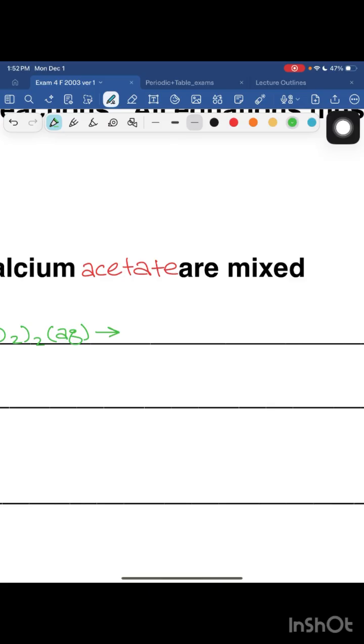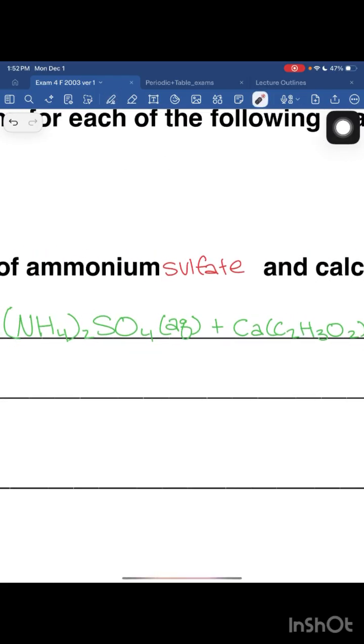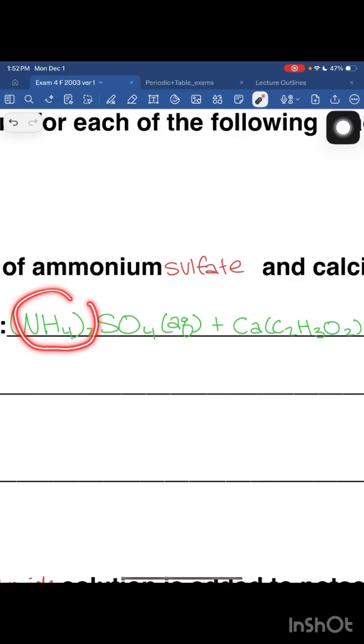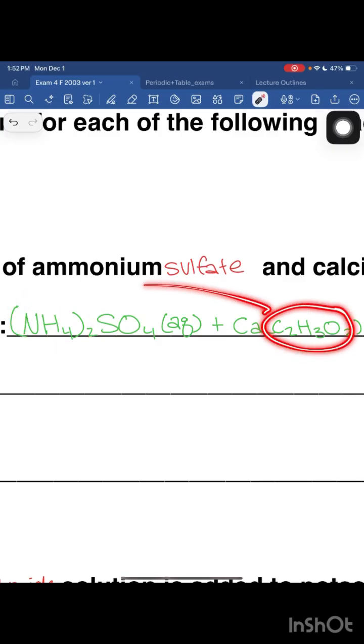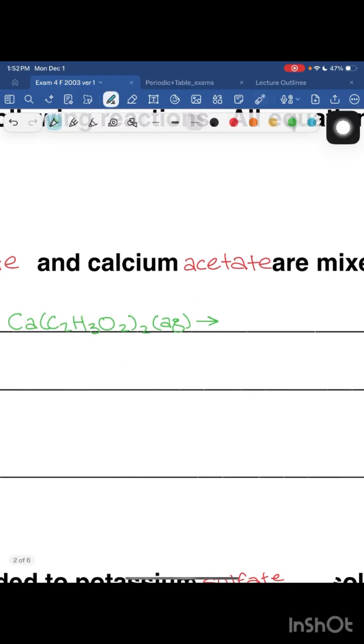So when these two are mixed, we're going to take the NH4 and put it with the acetate. And then we're going to take calcium and put it with the sulfate.